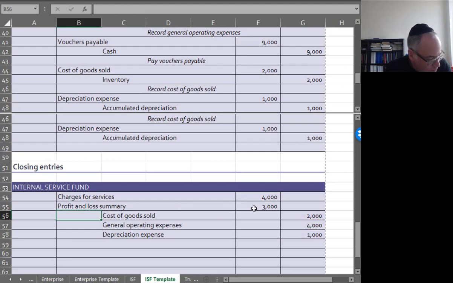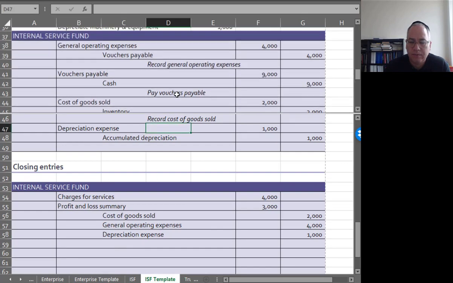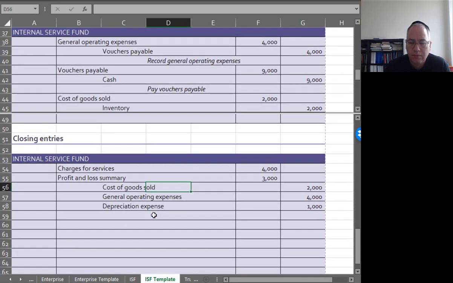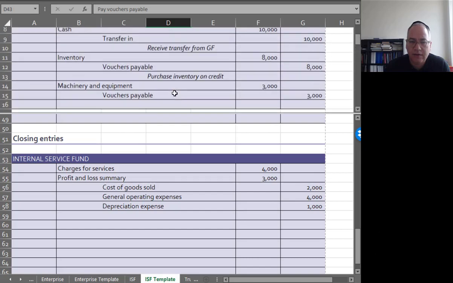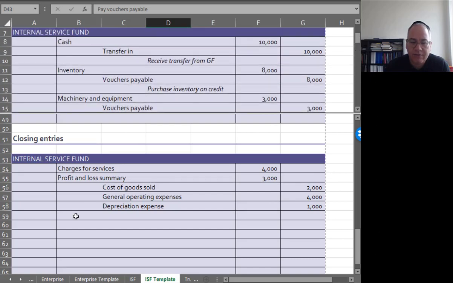$3,000. And then we've got this transfer in up here. Transfer in, wherever it is, revenue. It's like revenue, and it's a temporary account.